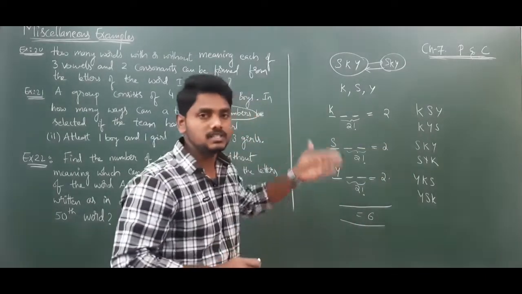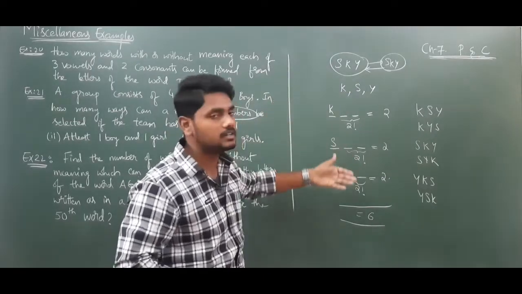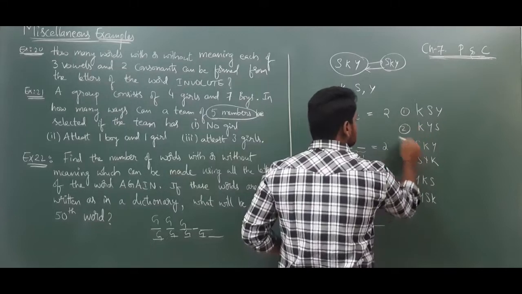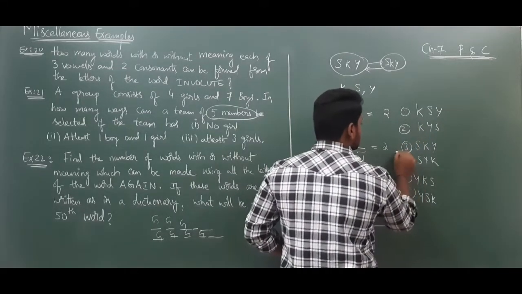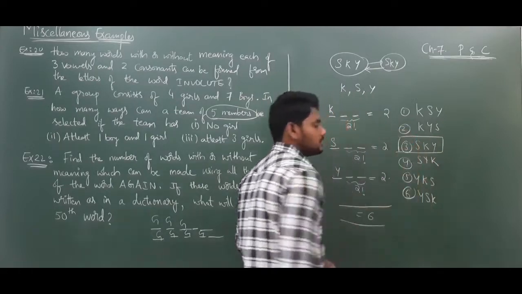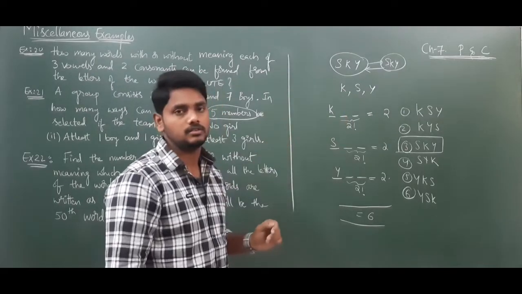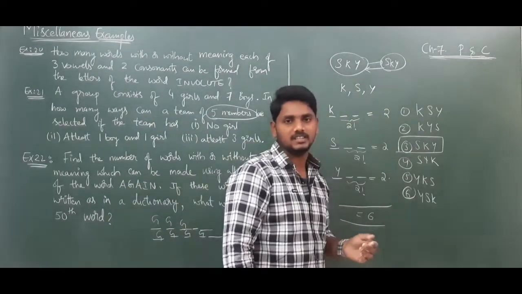Now out of these 6 words, what is the rank of SKY? Rank is nothing but order. So this is 1, 2, 3, 4, 5, 6. The third word is SKY if you arrange them in alphabetical order. So the rank of the word SKY is 3.